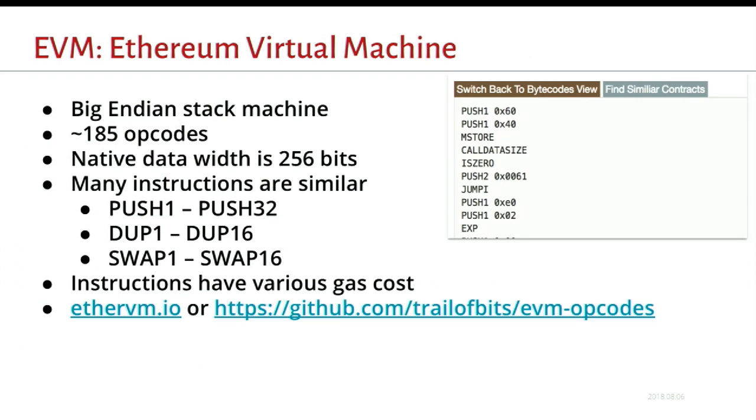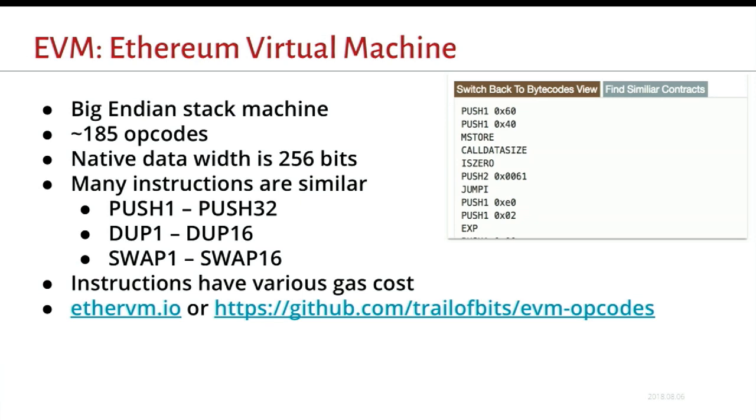So for a little bit about the Ethereum virtual machine that the contracts run on, it's a big endian stack machine. It's got about 185 opcodes currently. There's more added incrementally over the course of time. The native bit width is 256 bits, and most of the address spaces are also that same width. One interesting part is that about a quarter of the possible opcode address space, that's 1 byte, is used up by very similar instructions.